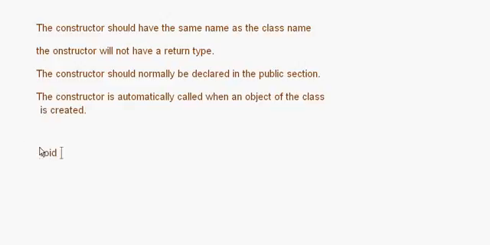Supposing I write a function like this, void enter details, right? Now this is a function. Now what we generally do is, in the main method, we have to call this function. Supposing I make an object of the student class as student s1, then we will have to call it explicitly, like saying s1 dot enter details. This is a function call.